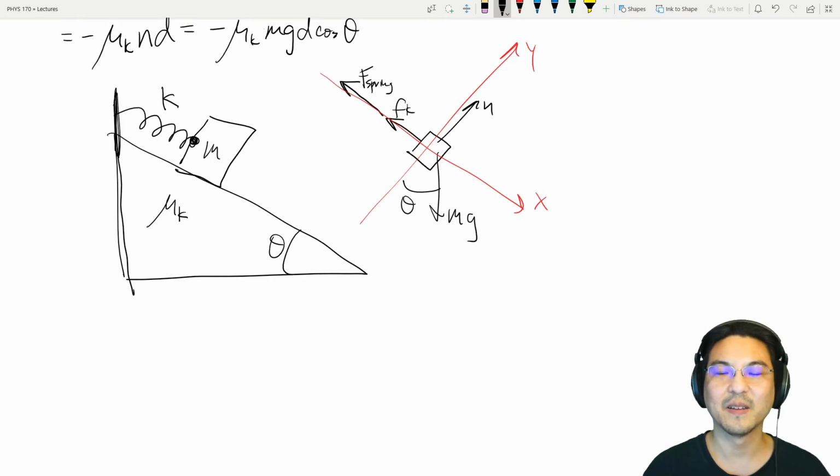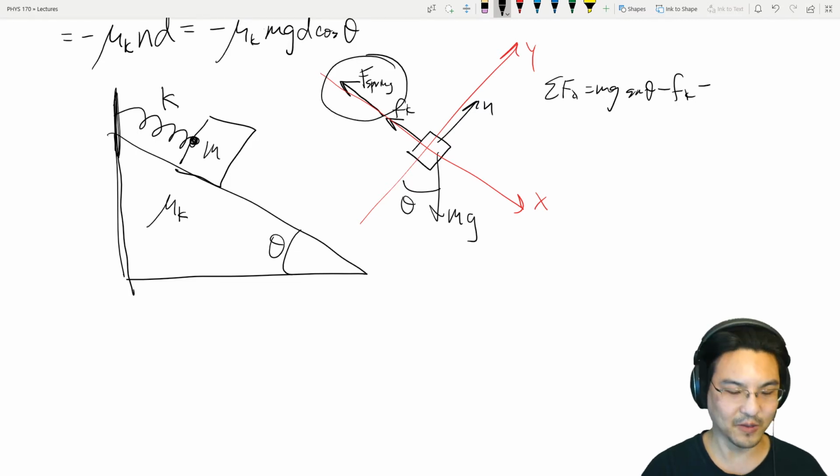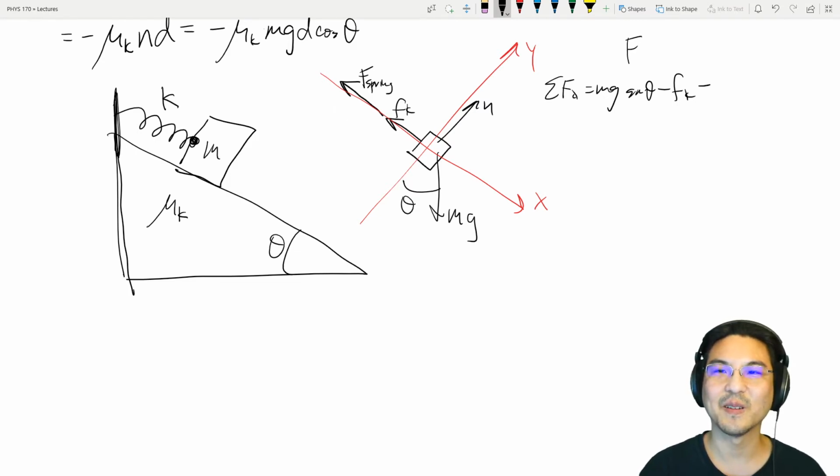Okay, so in the x direction, we got mg sine, friction, spring force. So what is spring force? According to Hooke's law, spring force is proportional to, I'll just write the magnitude, the displacement.